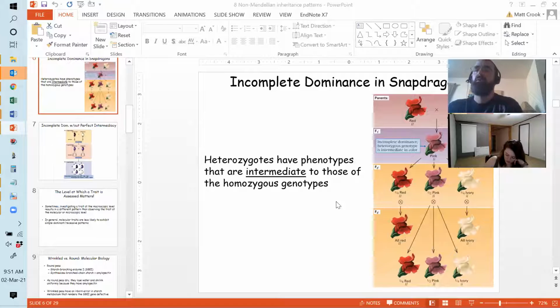In the case of codominance, and this is also very rare too, it's about expressing two phenotypes at the same time.